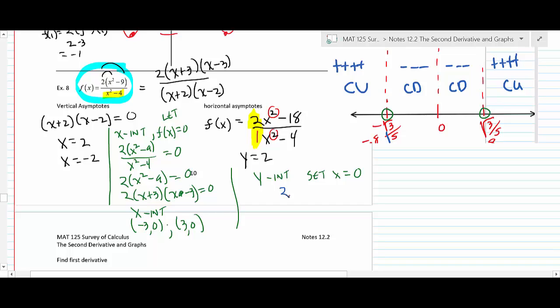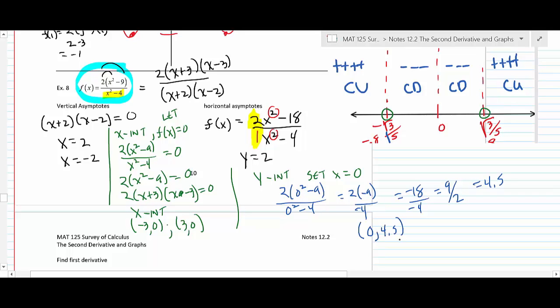So you're going to have 2 times 0 squared minus 9 over 0 squared minus 4. That's 2 times -9 over -4, which is -18 over -4. That reduces to +9 over 2, which is 4.5. So your y-intercept would be the point 0, 4.5, like that.